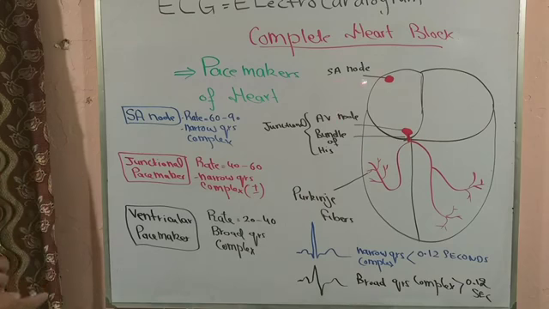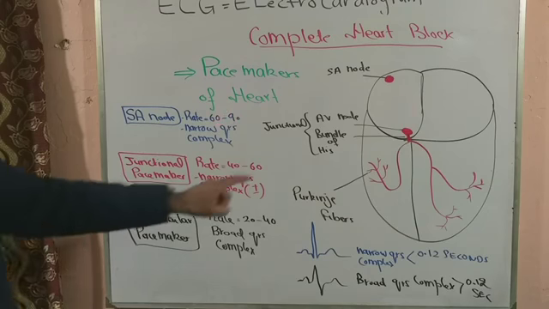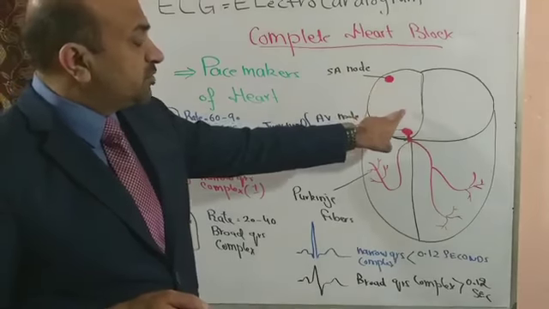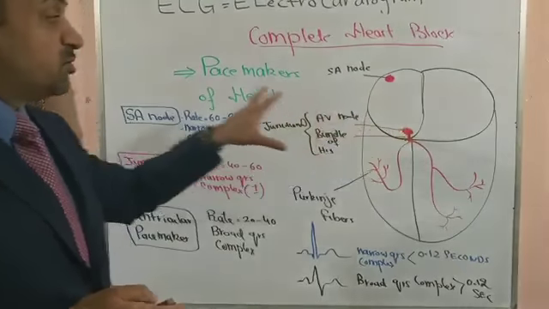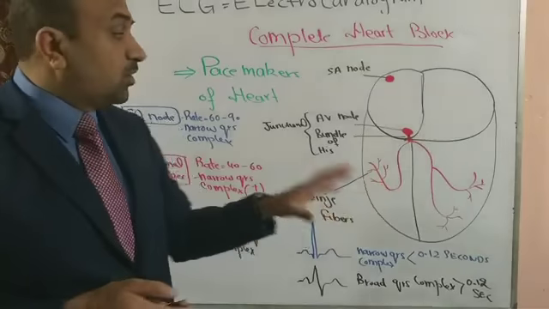Here we see that SA node, which is normally pacing the heart and is known as the normal pacemaker, generates impulses at a rate of 60 to 90 times per minute, and those impulses pass from here to the atria, and the atrial depolarization causes the P wave on the ECG.